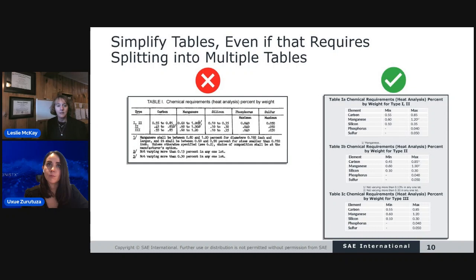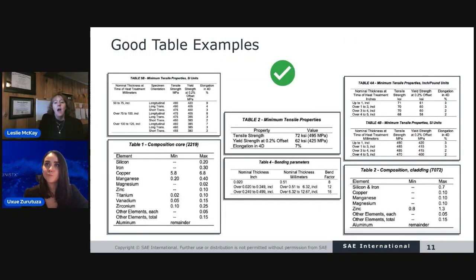I've included several examples here of different tables that are good tables. You'll see in general, in most cases, they have one value per cell. The bending parameters does have two, but at least it's clearer that it's a range and it's defined how it is a range.